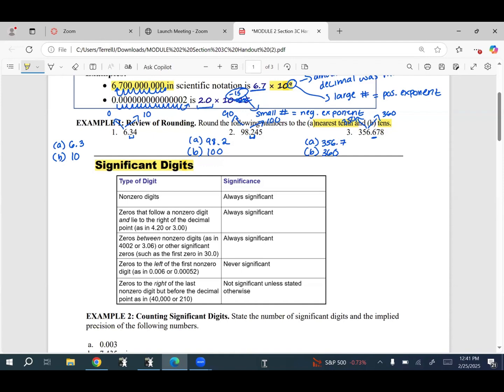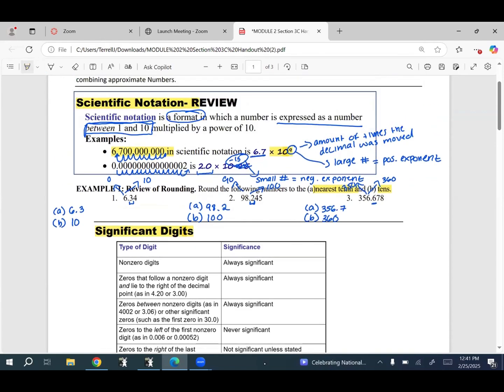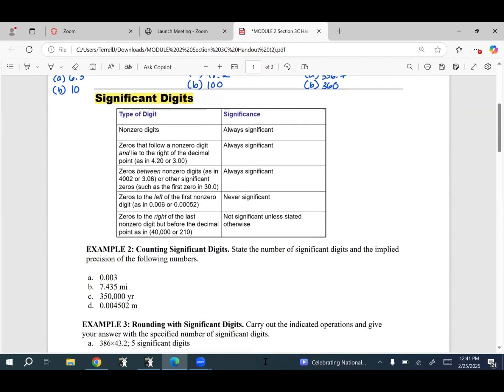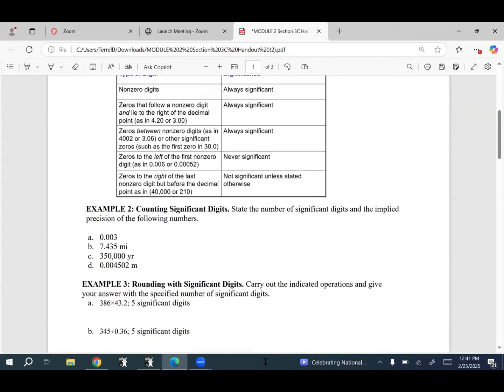I really don't want you to memorize those rules. So I'm going to show you how you can figure out the significant digits by using something that we already discussed, which is scientific notation. So instead of memorizing this table, I'm going to show you how to determine significant digits through scientific notation.